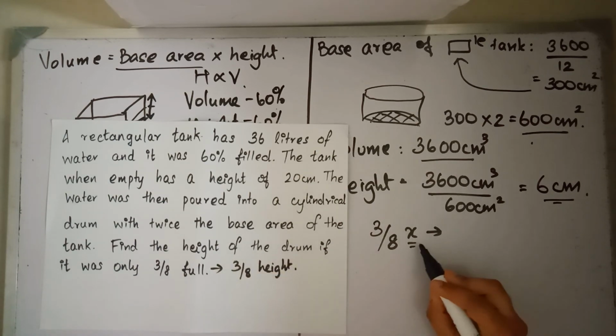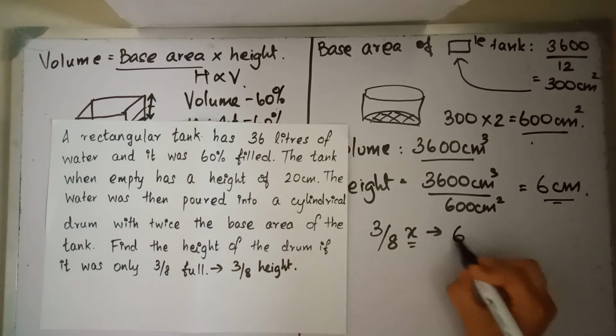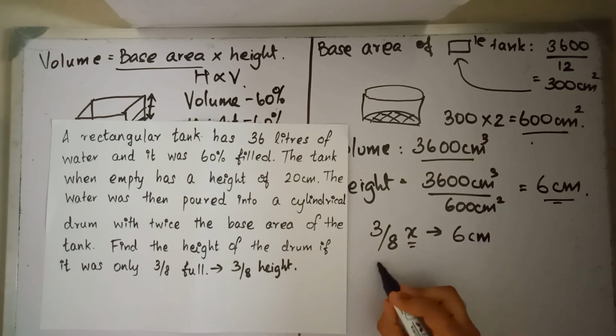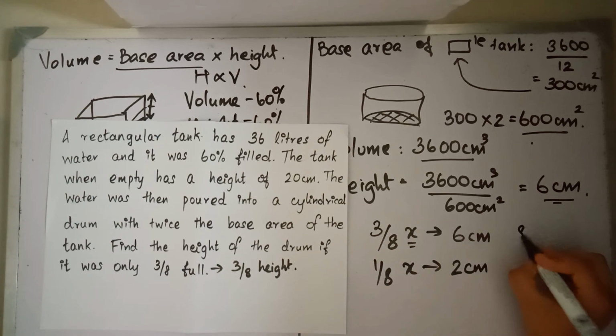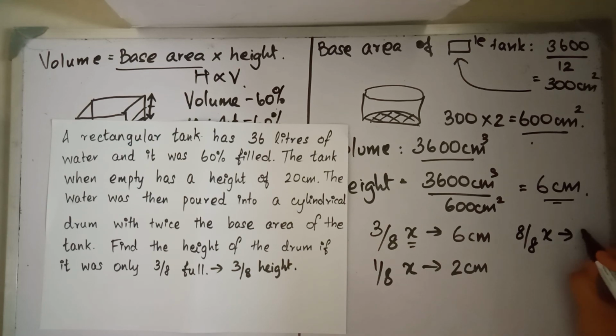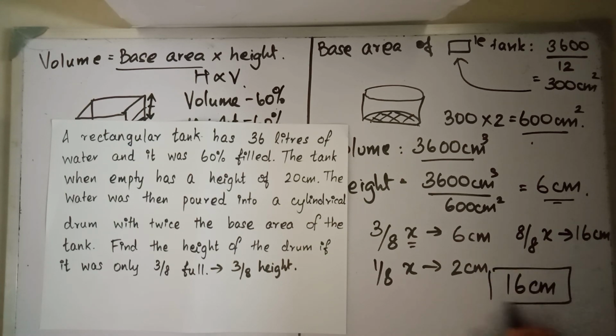So let's have x as height. So 3/8 x is equal to 6 cm. 1/8 x will be 2 cm. Then the total height, which is 8/8 x or x, is 16 cm. So the height of the cylindrical drum is 16 cm.